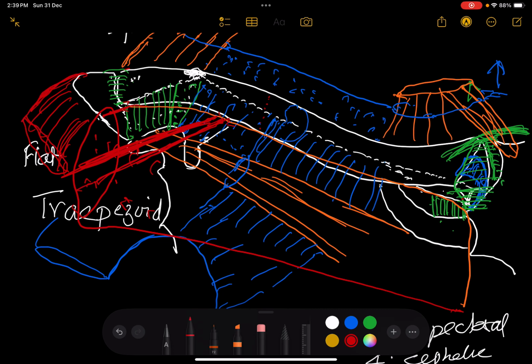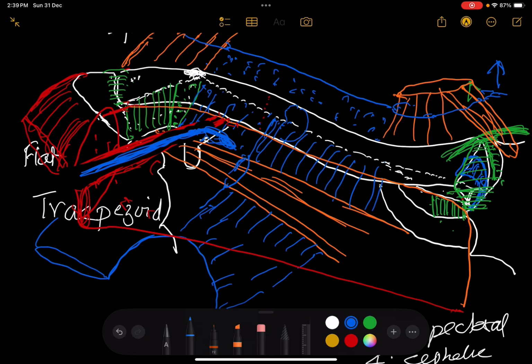So the groove between the pectoralis major and the deltoid is separated by the cephalic vein. We'll make it this way. The cephalic vein which pierces the clavipectoral fascia.